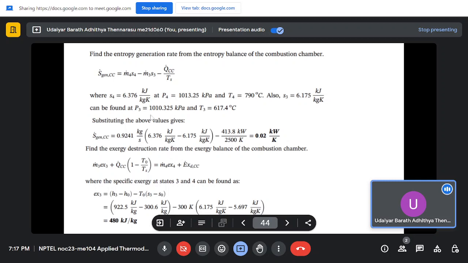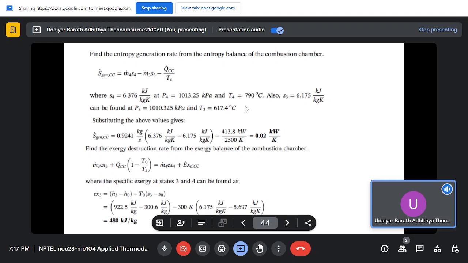So substituting those values, the mass flow rate 0.9241, the Q value we calculated as 413.8 kilowatt, and the source temperature given as 2500 Kelvin, Sgen comes out to be 0.02 kilowatt per Kelvin. So now we found out the entropy generated in the combustion chamber.